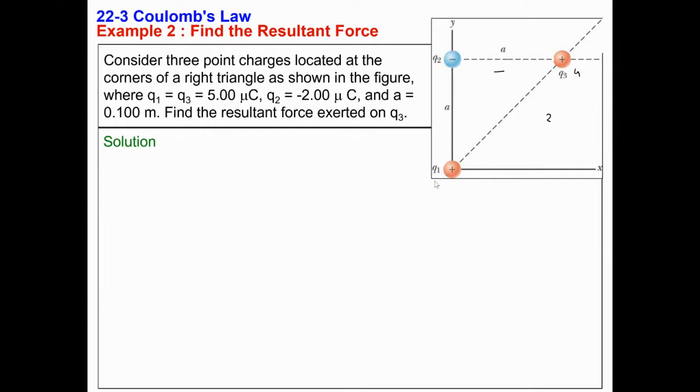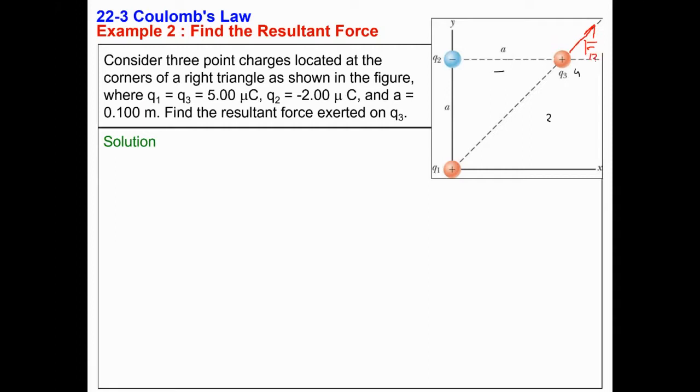So basically, in this case, we have to do one force at a time. We know Q1 and Q3 will repel each other. So there will be a force along, let me use my mouse, a force like this. This is a force of repulsion, F on 3 due to 1.